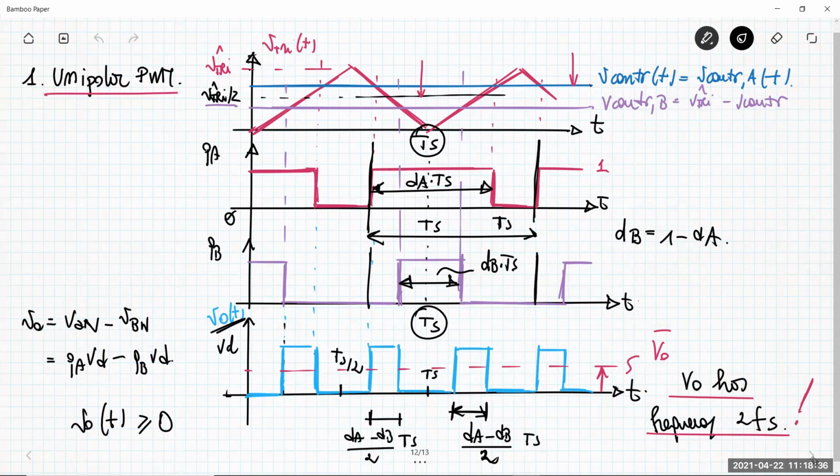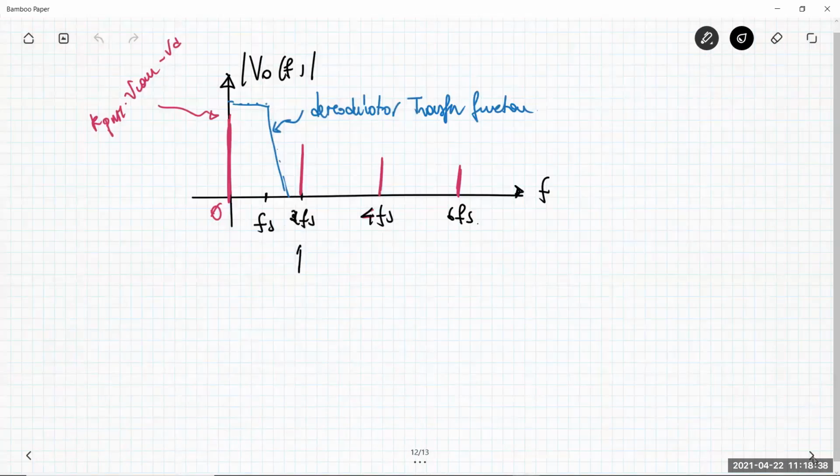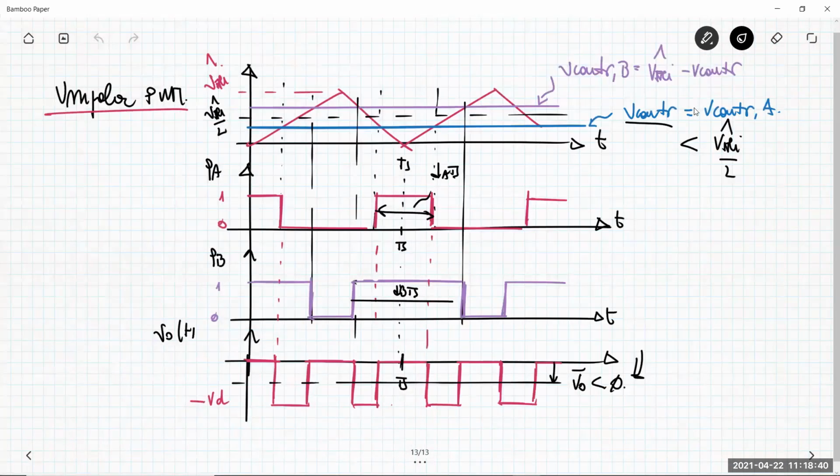If you consider what happens here, where the control voltage is less than V triangular peak value divided by 2, V naught is less than zero. The instantaneous value is always zero or negative. So there is no possibility to have in the waveform V naught of t simultaneously positive and negative values. You can have only positive values or only negative values.